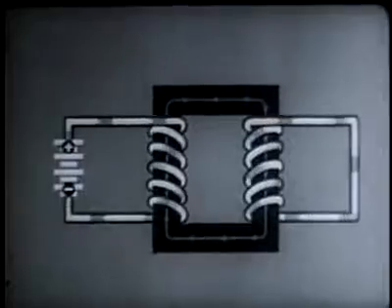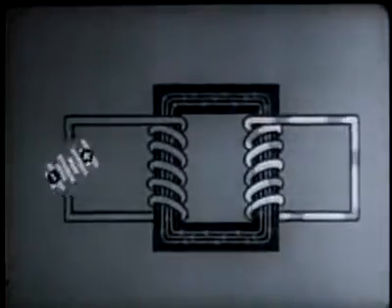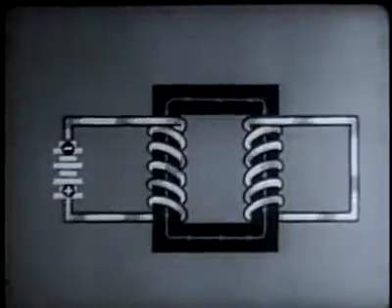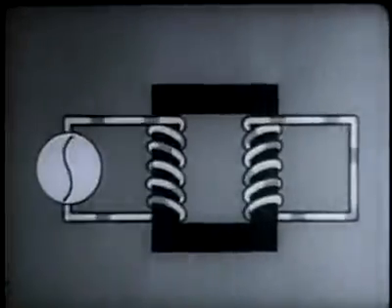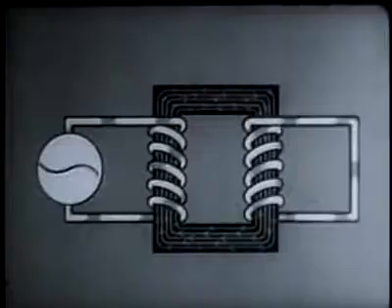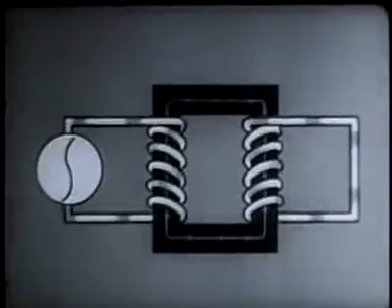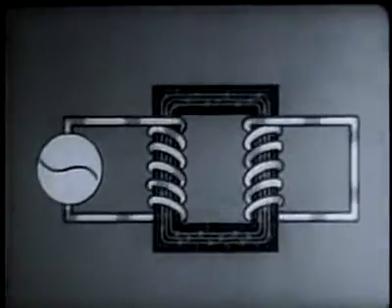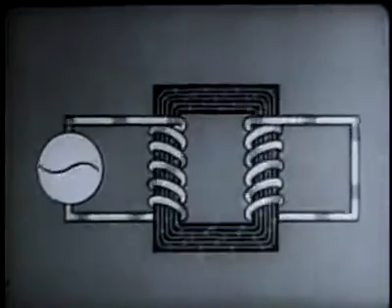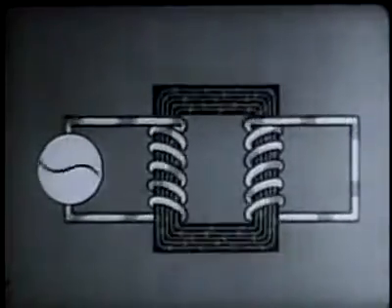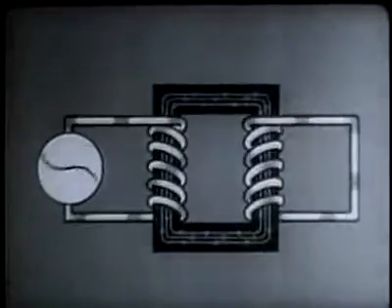Now let's speed it up. The 2 currents begin to resemble each other. By replacing the battery with an AC generator, we get a true alternating current, which is reproduced almost exactly in the second winding. Here's the second important fact about a repeating coil. It repeats alternating current practically unchanged.